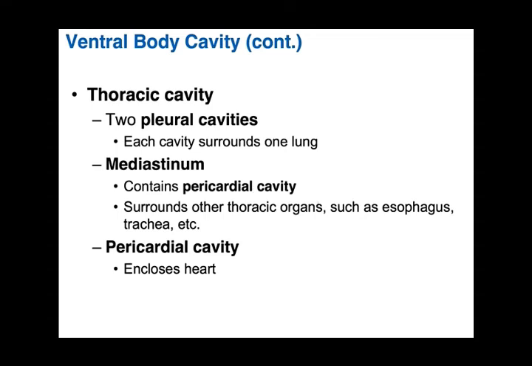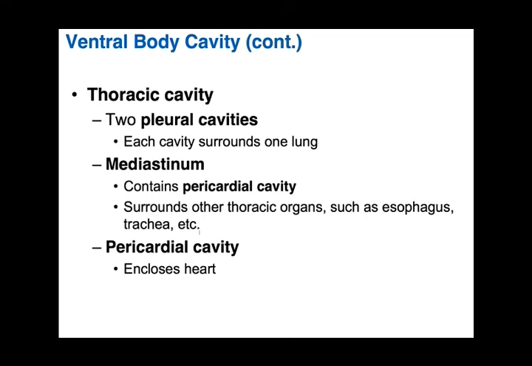Then towards the medial line, there is the mediastinum, which contains the pericardial cavity. From pericardial you might clearly understand, as you have studied the heart chapter, what pericardia may be related to.